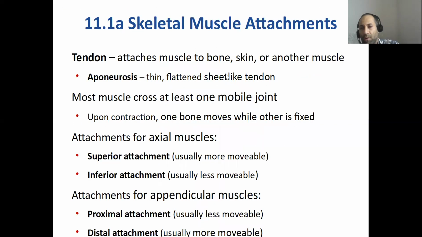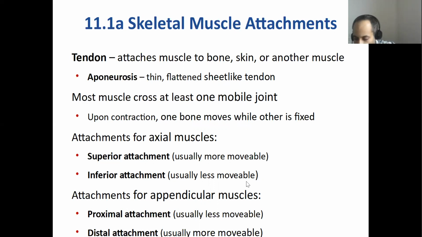So tendon, we talked about that before. Tendon is a connective tissue which attaches a muscle to a bone, a skeletal muscle to a bone. All right, so again, they have superior attachments and inferior attachments. And we're talking about the axial muscles, muscles in the midline of the human body, right? And so usually the superior attachments are more movable as compared to the inferior attachments.